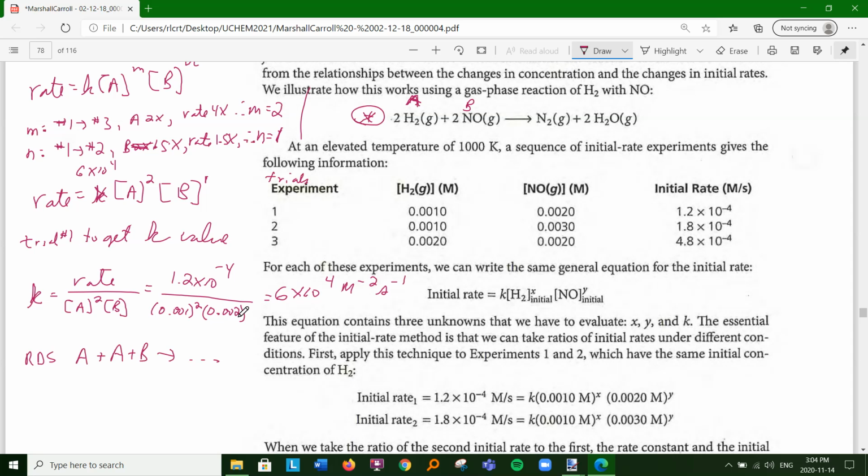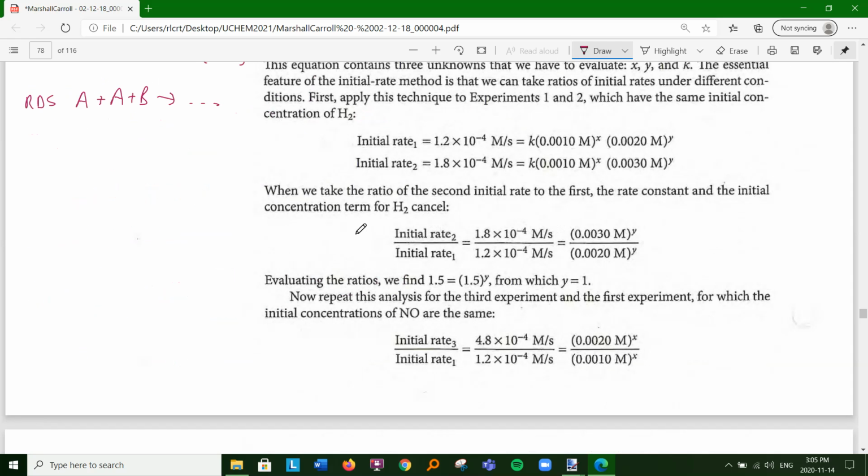The coefficient works for A, raising it to the second power, but B isn't squared, there's just one of them. So we can conclude there is no way that this is a simple reaction, i.e. it happens in just one step. It has to happen in more than one step.